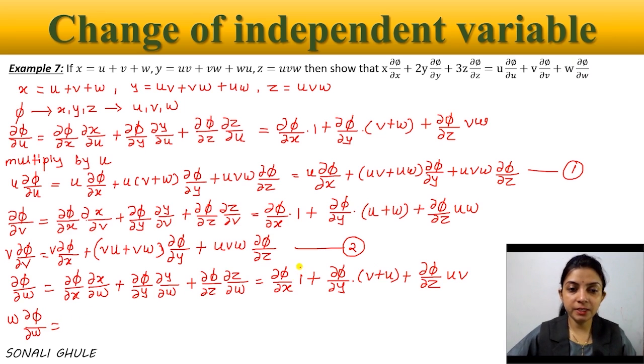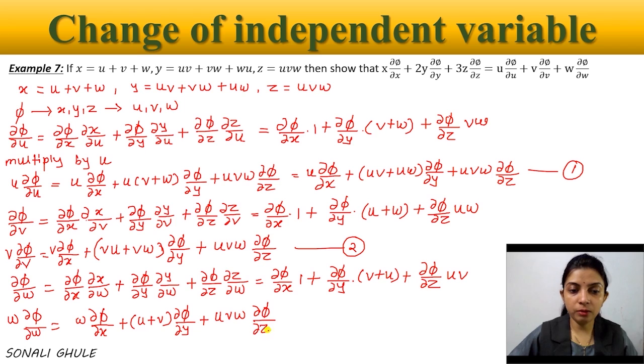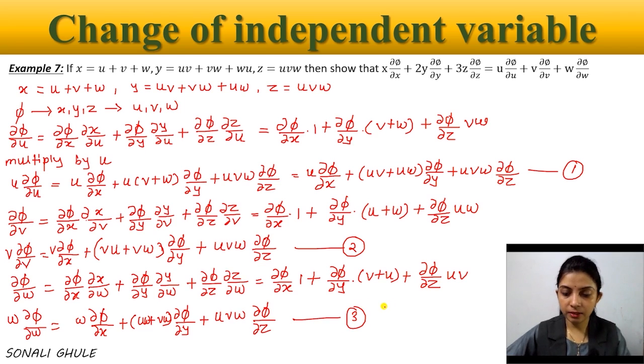What you get here, if I multiply this by w: w dou phi upon dou x plus u plus v dou phi upon dou y plus uvw dou phi upon dou z. Here we are multiplying by w, so there will come w in multiplication. Now see here what happens. This is our equation 3.